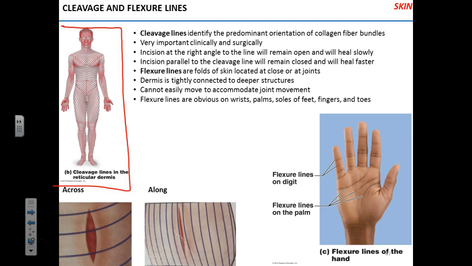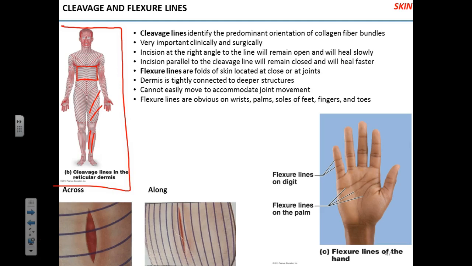So like predominant orientation of collagen fibers in your upper abdomen is transverse. They run horizontally. Okay? I'm not going to ask where is which direction, but just think about it. You have different directions of those cleavage lines.